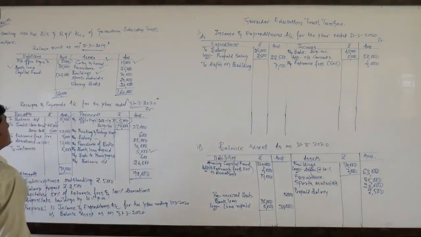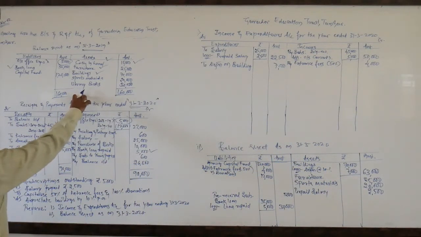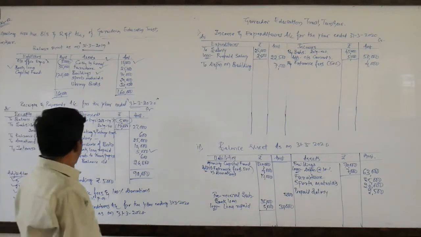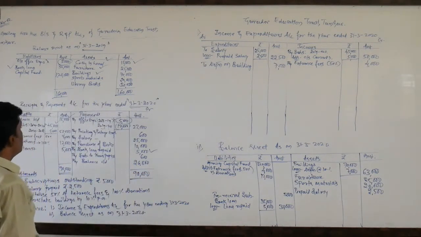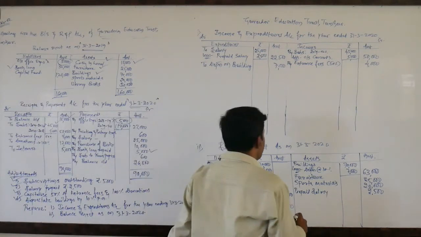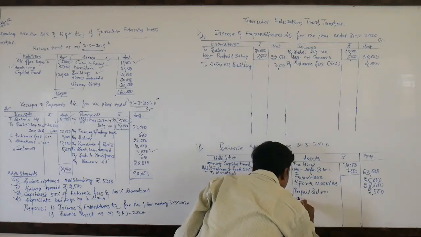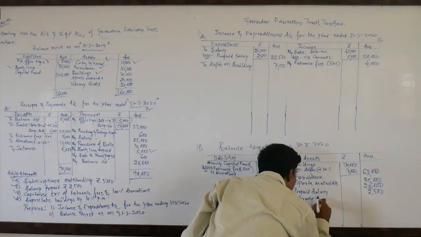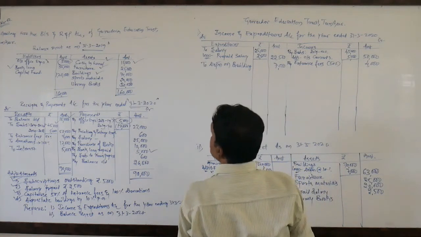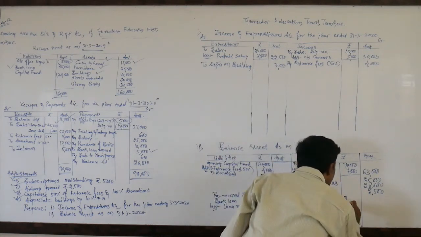After that, library books. I'll show these library books here. Purchase of books over here. Library books, how much? 30,000.